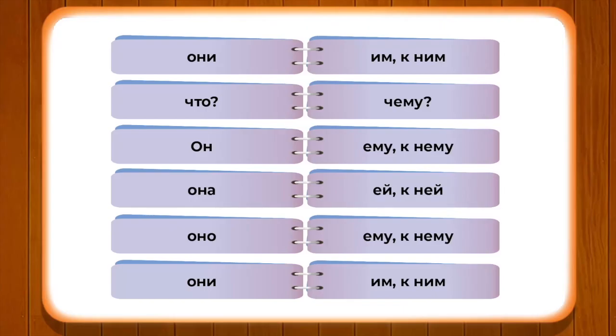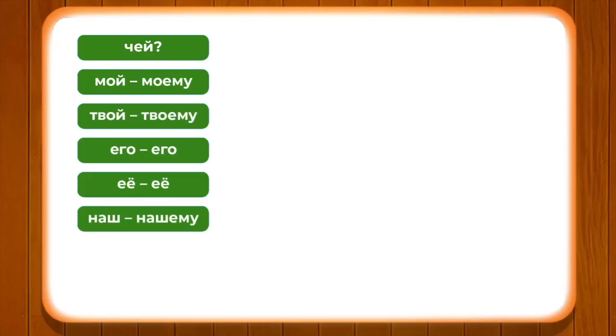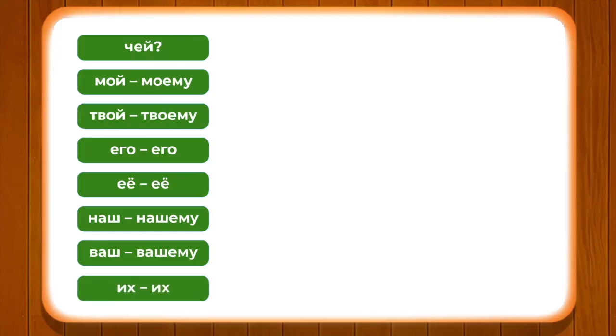Now let's pay attention to the possessive pronouns. After personal pronouns, possessive pronouns: in nominative, if we have the question chey, whose, the answer is moy, tvoy, yego, yeyo, nash, vash, ikh.